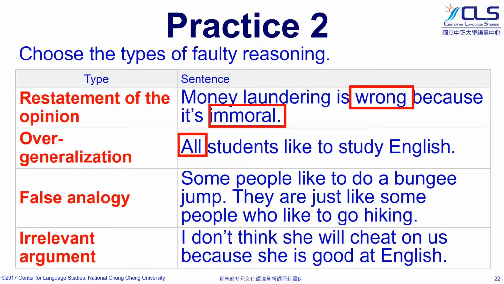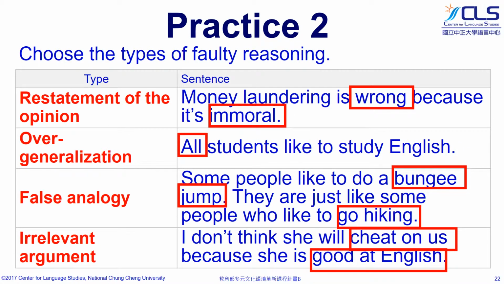The third one is false analogy that compared two things that are not similar. Bungee jumping and hiking share little similarity. And the last one is irrelevant argument, in which the reason, because she's good at English, can't support the opinion, while the writer thinks she will not cheat on others.